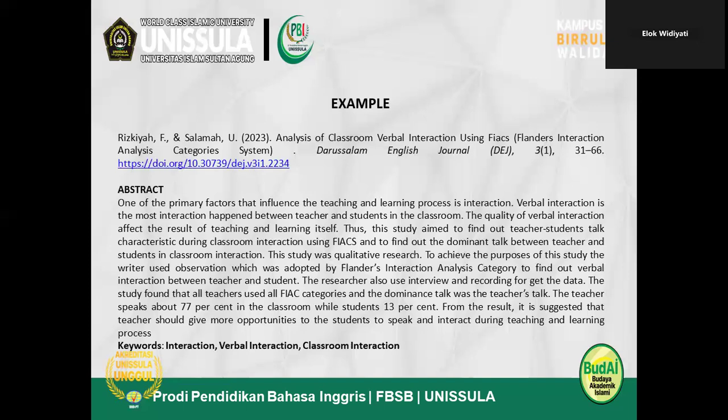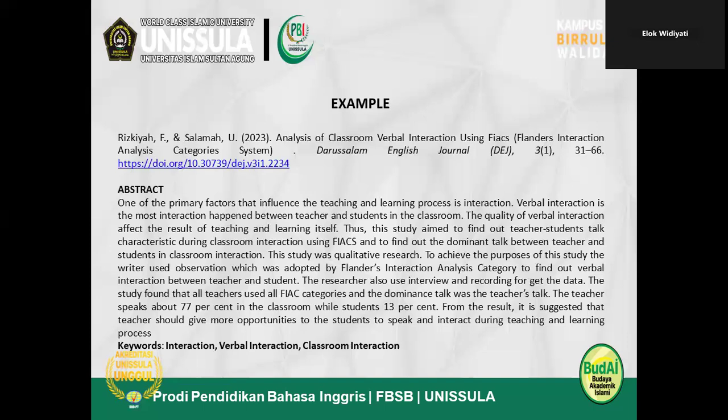About finding out teacher and students talk characteristics during the classroom interaction, by using FIACS, and to find out the dominant talk between teacher and students in classroom interaction. So comparing which one is the dominant.